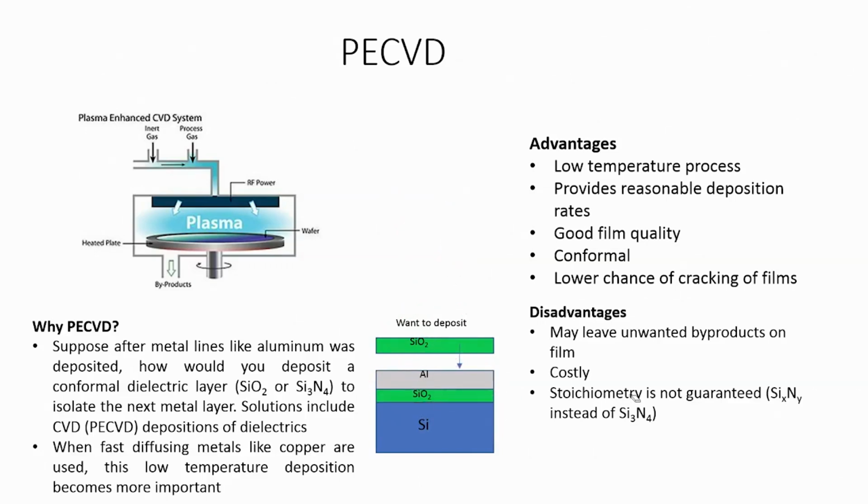That is the advantage of PECVD. Suppose after metal lines like aluminum are deposited, how would you deposit a conformal dielectric, SiO2 or Si3N4, to isolate the next metal layer, right? If I want to have another metal layer, I have to have silicon dioxide in between these two metals, right. This is one metal, this is another metal, so this one would be my insulating material, correct.